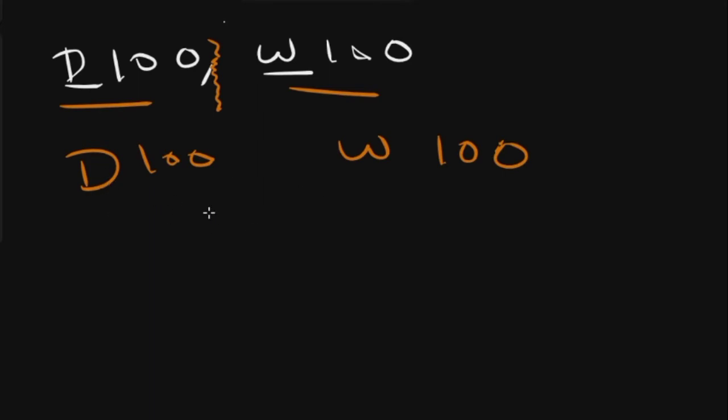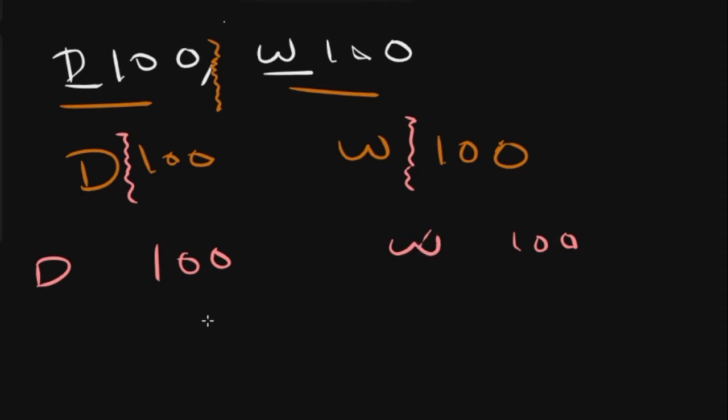After getting these two parts, we have to again separate them because we need to know which operation to perform and what amount to use. So now we will get D and 100, and then W and again 100.